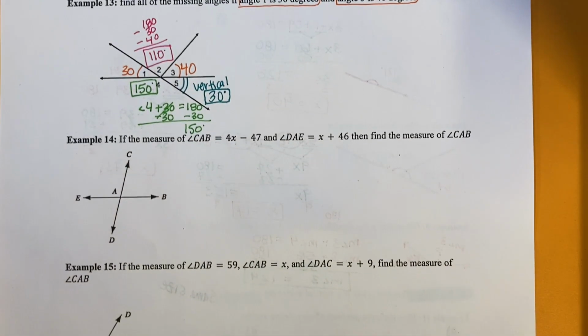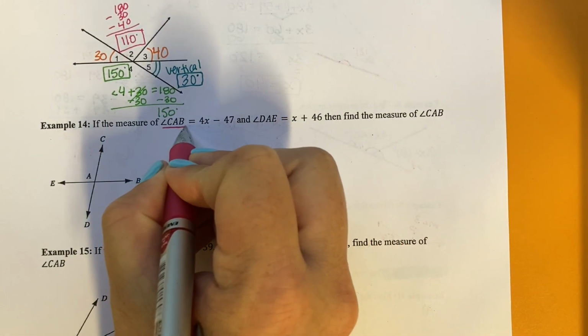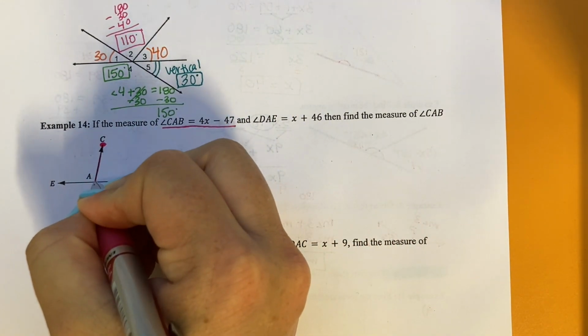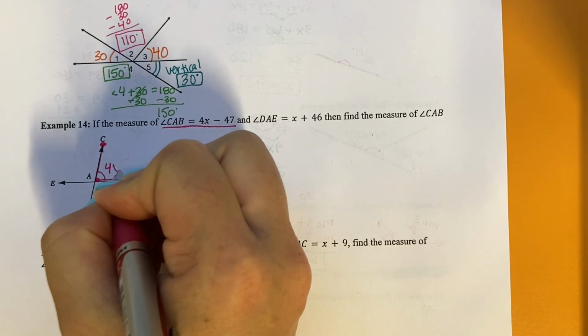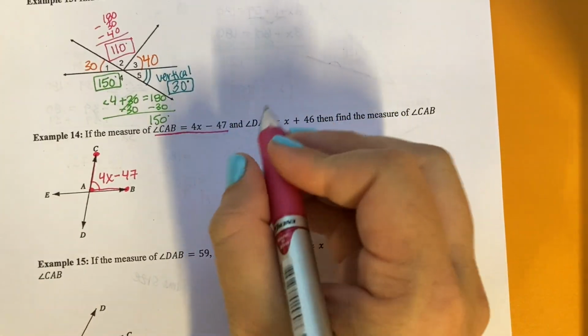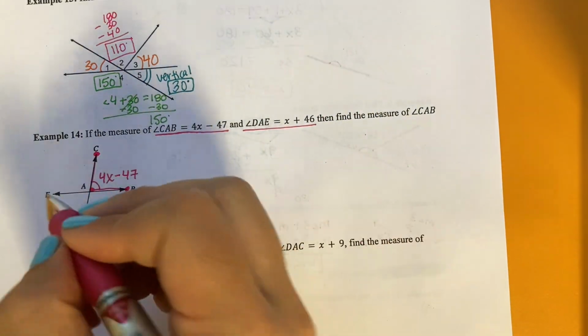Okay. Example 14. If the measure of CAB, this measurement, C to A to B, this angle is 4x minus 47. And DAE is x plus 46.